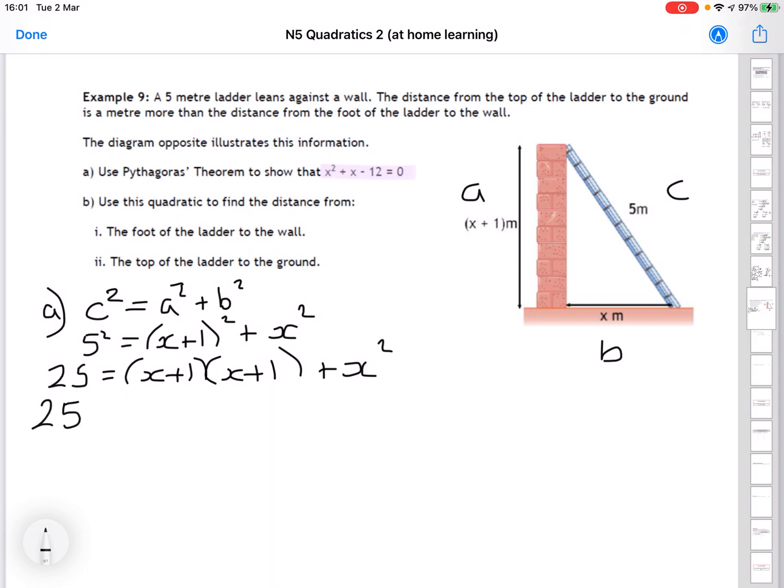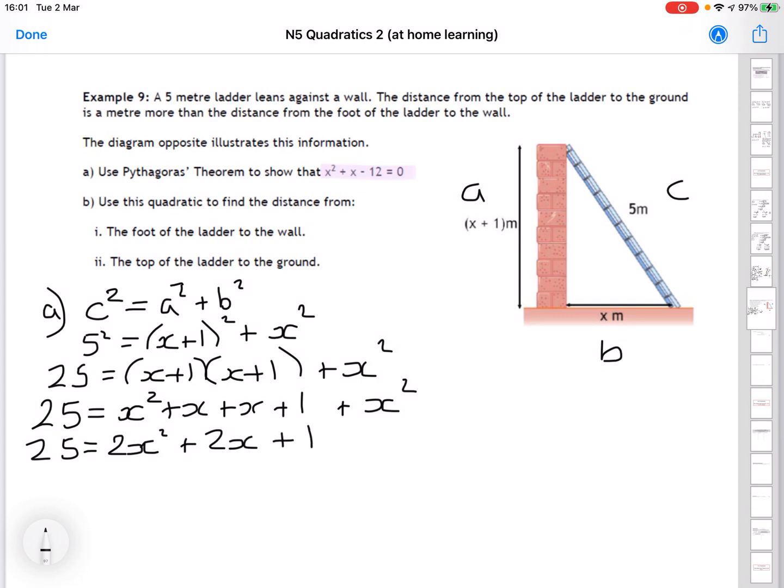So 25 equals, and if we break these double brackets out with FOIL, we've got x squared plus x plus x plus 1, plus the x squared at the end. Now we can tidy this up. So 25 equals, we've got 2x squareds, we've got 2x terms, and we've got a 1. At this point, I'm going to write this the other way around: 2x squared plus 2x plus 1 equals 25.